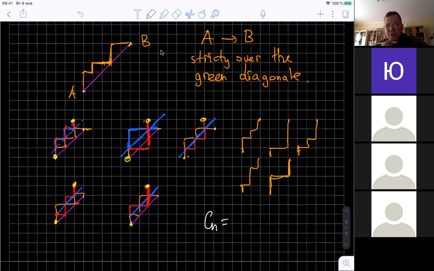Can somebody remind us of the formula that we proved in the previous lecture? Or does no one remember? It is 1 over n plus 1 times 2n choose n.